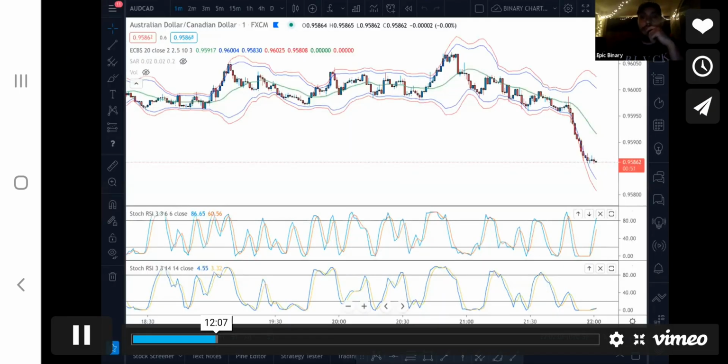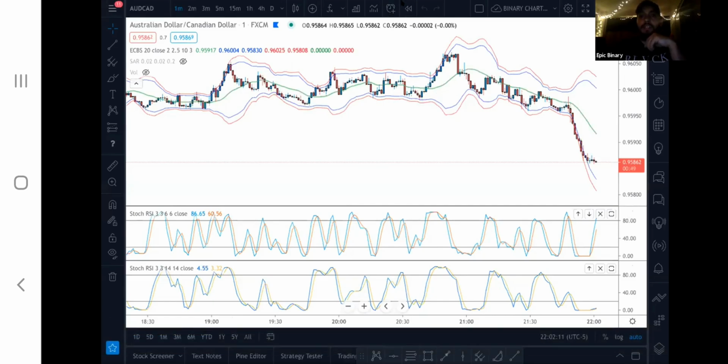All right, can everybody see TradingView now? Is that better?